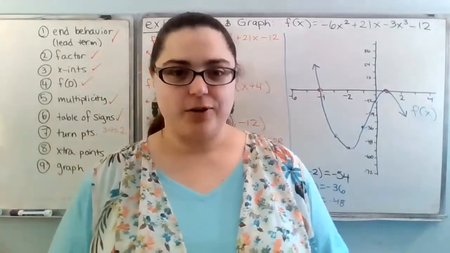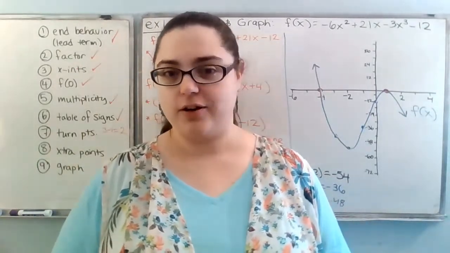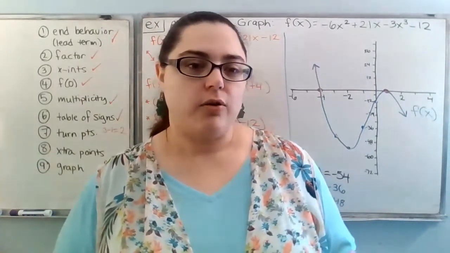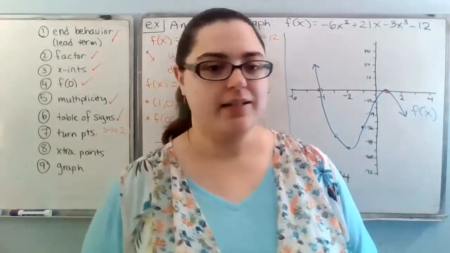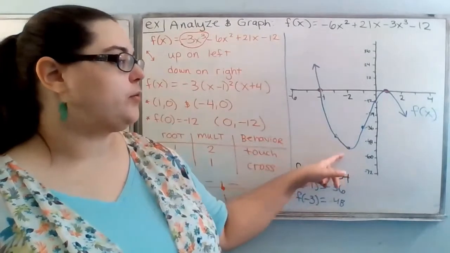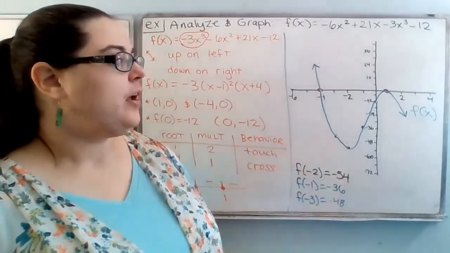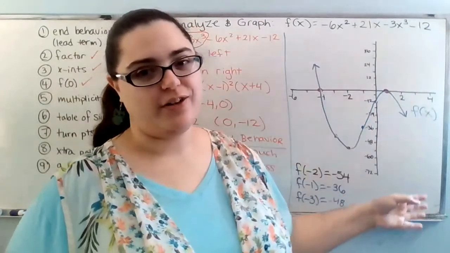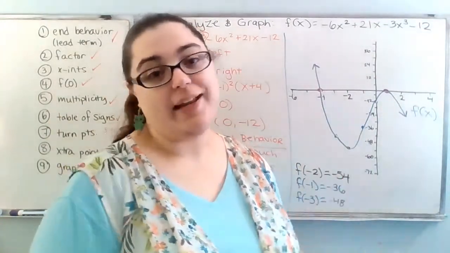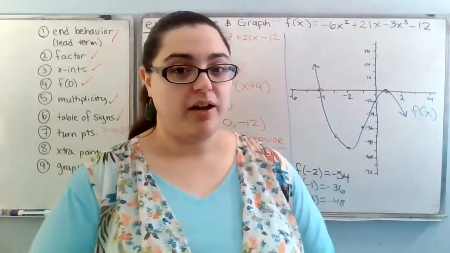In our next video, we're going to graph a polynomial using our graphing calculator. So what the graphing calculator can do that we can't do very easily by hand is it can figure out exactly where this turning point is happening. And it can deal with scales that are much larger and difficult to deal with by hand. So we'll do an example of that.